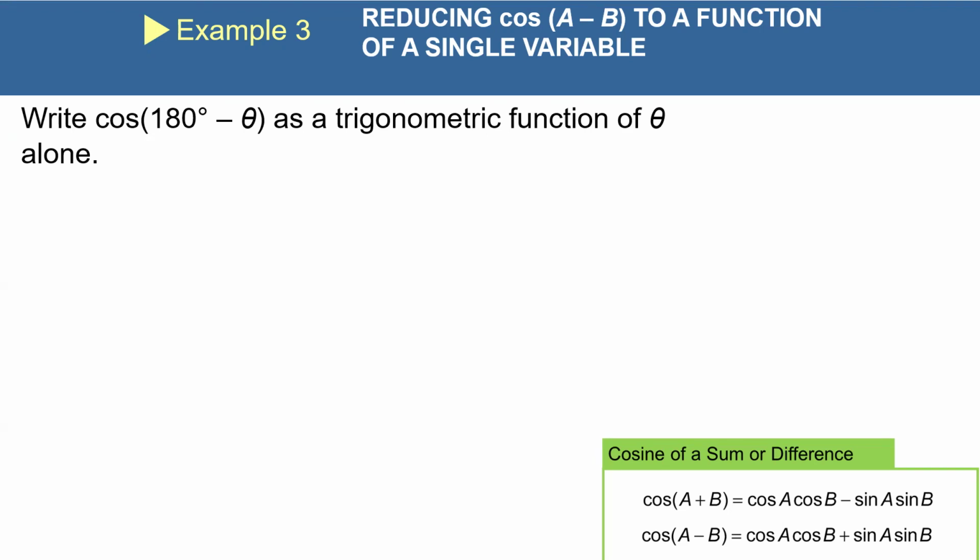So we're going to work it out just as using theta in its place. So first off, we're following cosine difference. So it becomes cosine of 180 times cosine of theta plus sine of 180 times sine of theta.